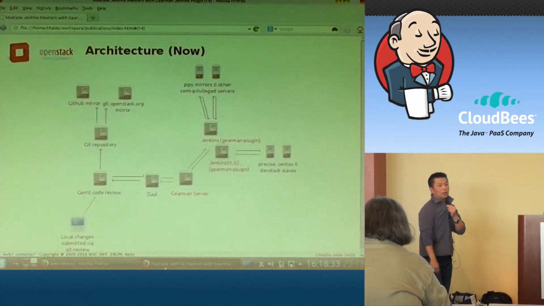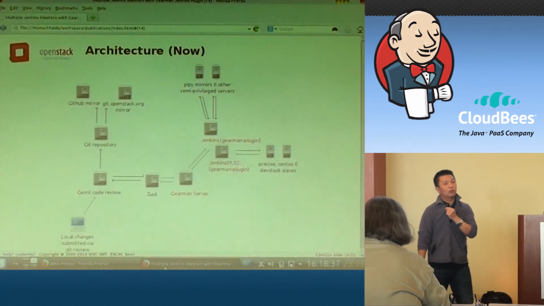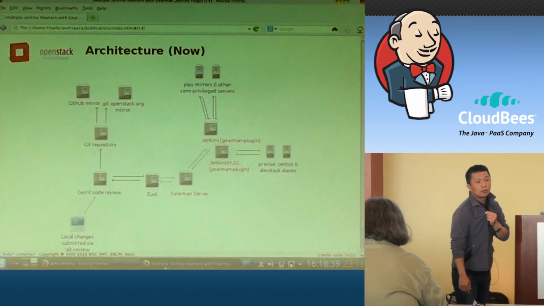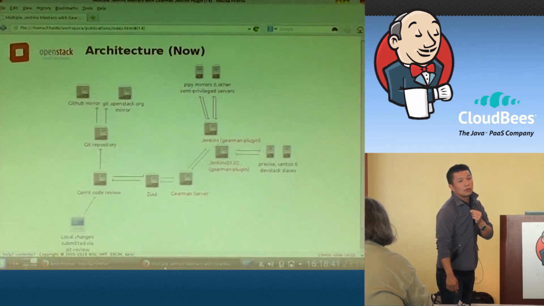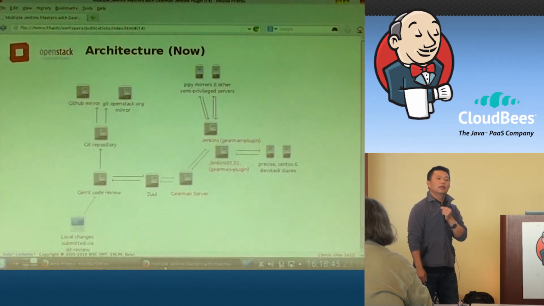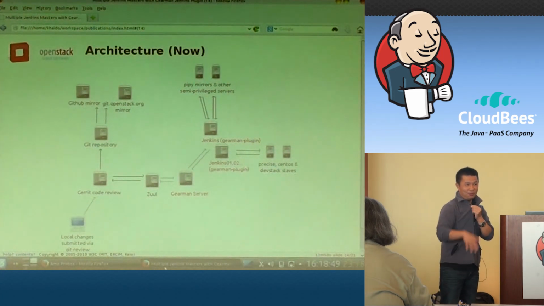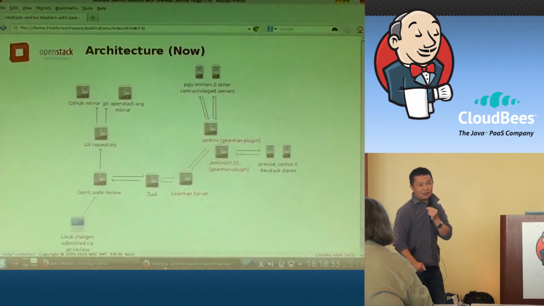Question? How do all those jobs relate to version control? How do you know you're building exactly the same thing? Let's see. I'm not really sure I understand the question. Could you maybe rephrase? How do I know I'm building the same thing?